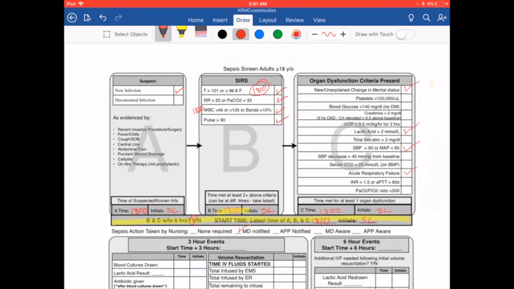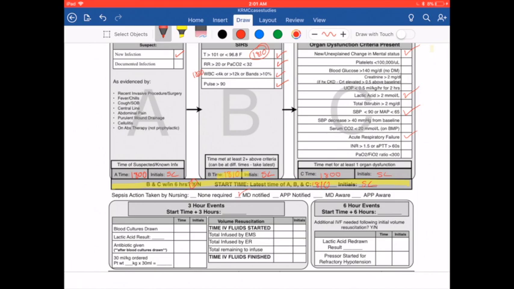I'll just initial here. All right, so last is filling out this bottom part, and this is the part that's brand new to you guys. So, and this is why I wanted to run through this with you. So first we need to fill out our time frames for our 3-hour and our 6-hour events. So right here and right here.